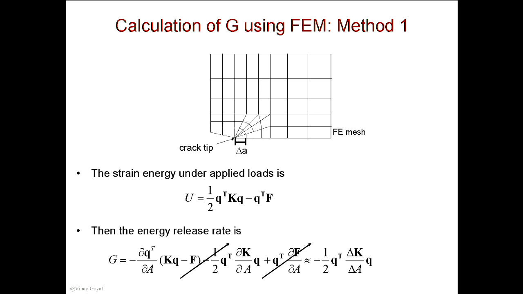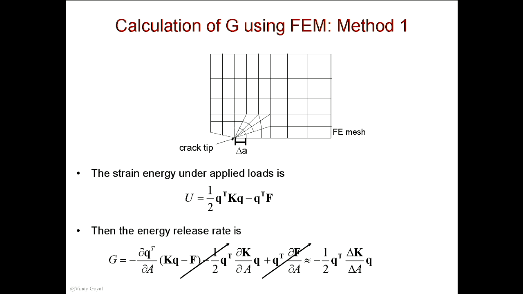That derivative goes away. When you take some of these derivatives, you'll find that you get a KQ minus F, which is 0 by equilibrium conditions. Okay? So you can calculate G just by simply calculating this right here: minus 1/2 Q transpose, change in stiffness divided by change in crack length or crack area, times Q. And if you calculate this, you get G.